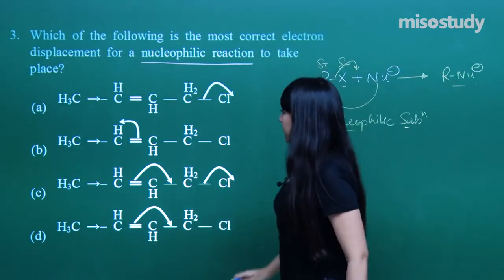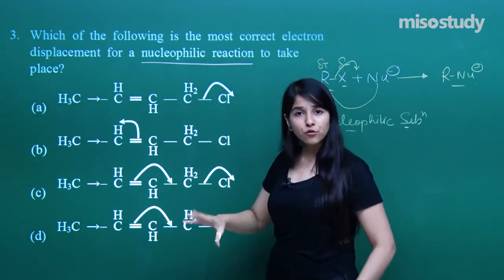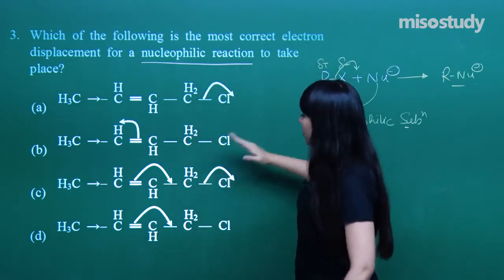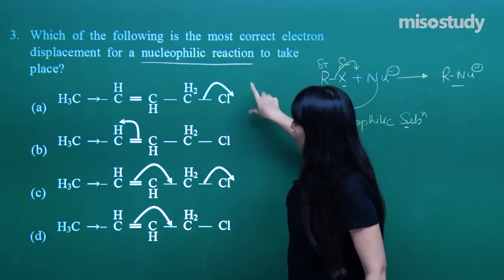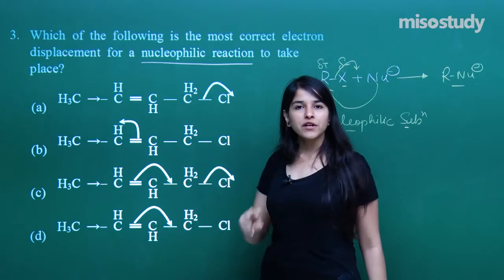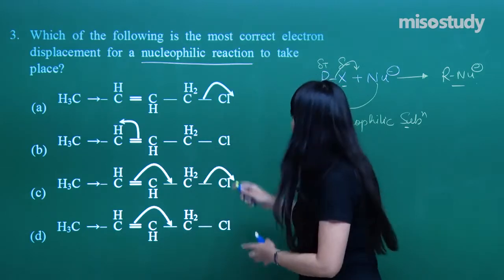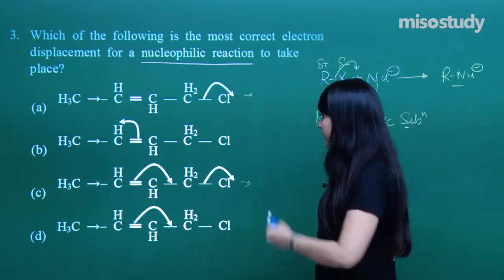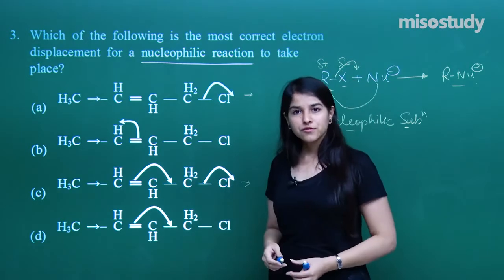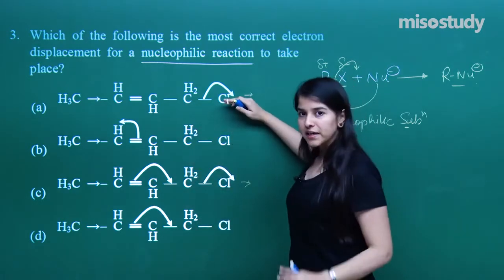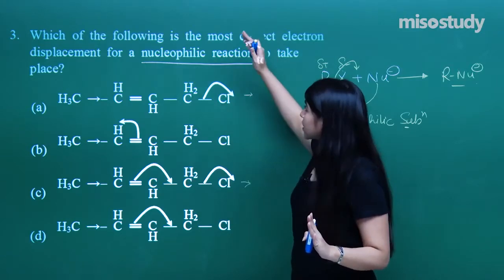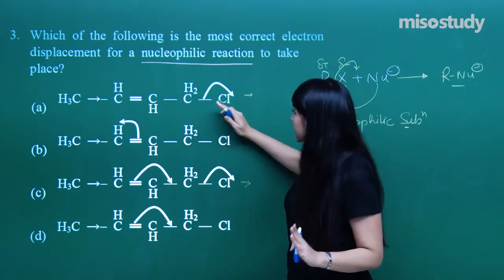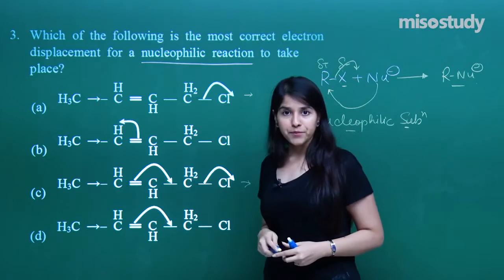So in all of these cases, I need to consider those cases in which the chlorine is going off like that. So out of all four, I have got two options here which can be considered. Now what do I need to do? I need to remove this group, that is definite, as I need to substitute the nucleophile over here in the place of chlorine.